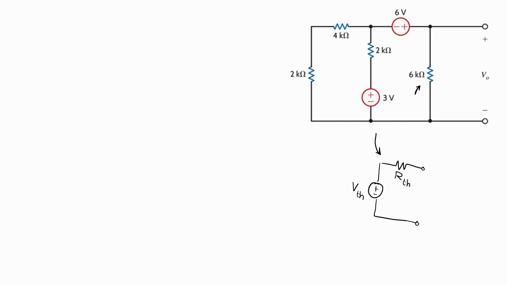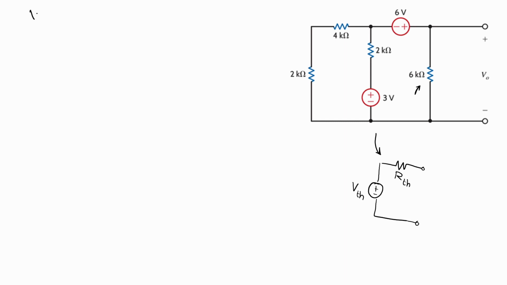And after we get R Thevenin and V Thevenin, we return the 6K resistor to find the value of V naught. So let's see the steps we need to apply to find V Thevenin and R Thevenin. Theoretically, V Thevenin is the open circuit voltage across the load resistance, which is in our case the 6K resistor. By open circuit, we mean we will remove RL.